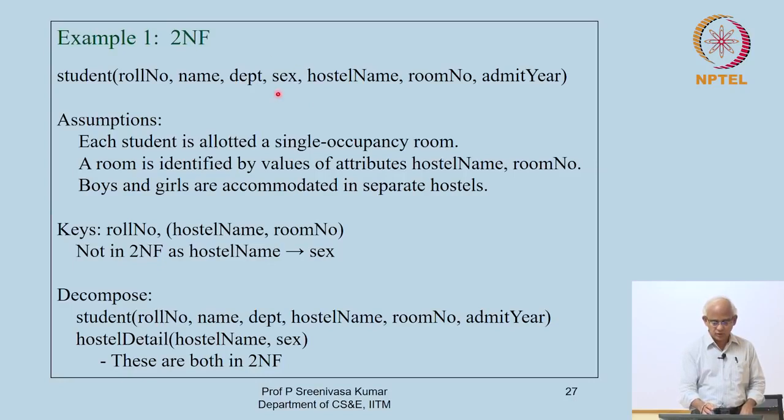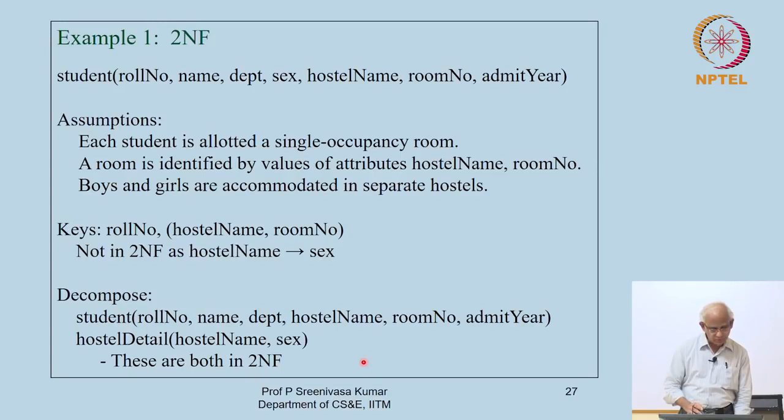You are going to keep this gender information with all the students, even though it can be figured out from the hostel name. In general it can be a lot more information, but this is only an example. So that kind of redundancy is what is being detected by the second normal form in a relation, and we are now saying that we can avoid that redundancy by decomposing this relation into two relations.